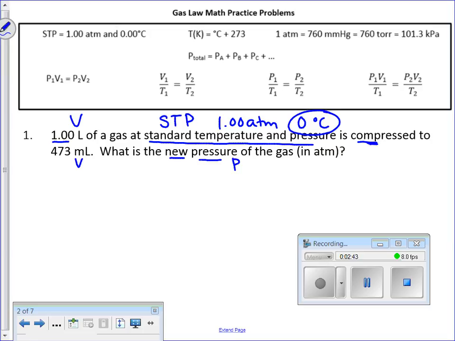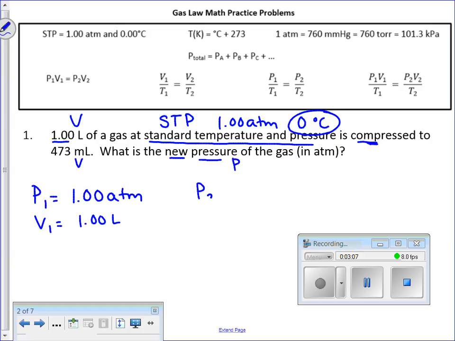So if I list my variables, ones and twos, ones mean initial, two means final. Okay, so my initial pressure is 1 atm, and at that pressure, my initial volume is 1 liter.